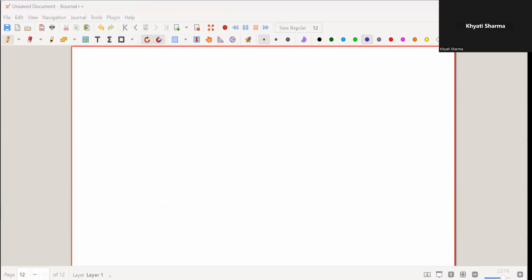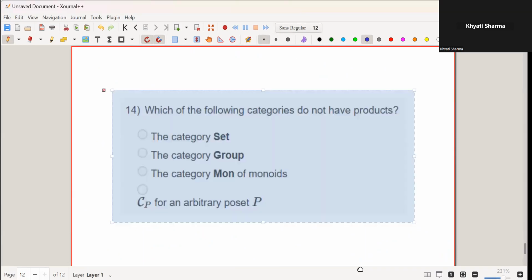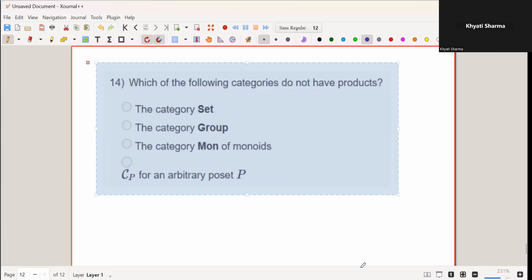Let me just paste the question first. It says, which of the following categories do not have products.